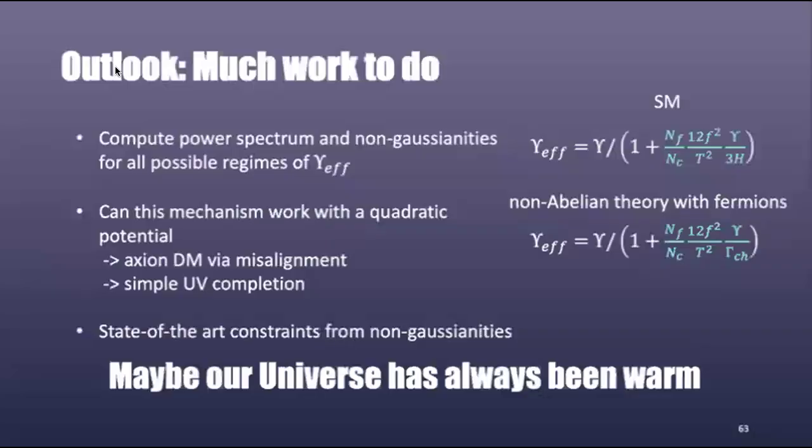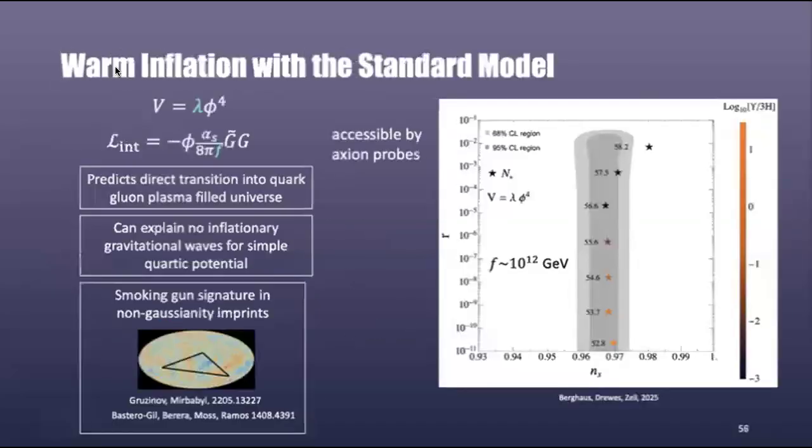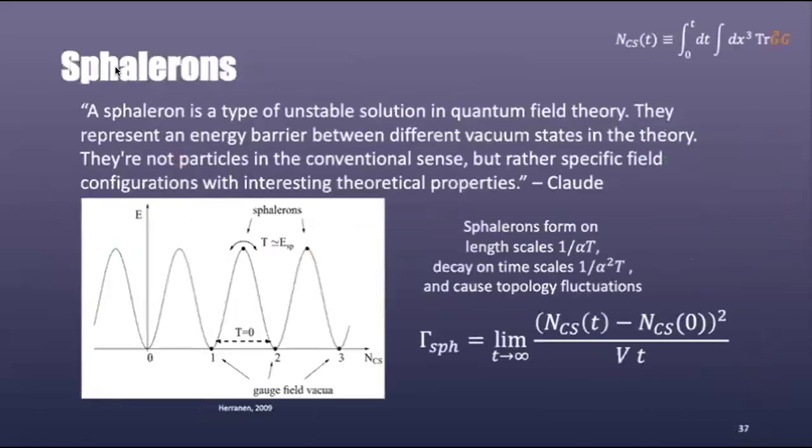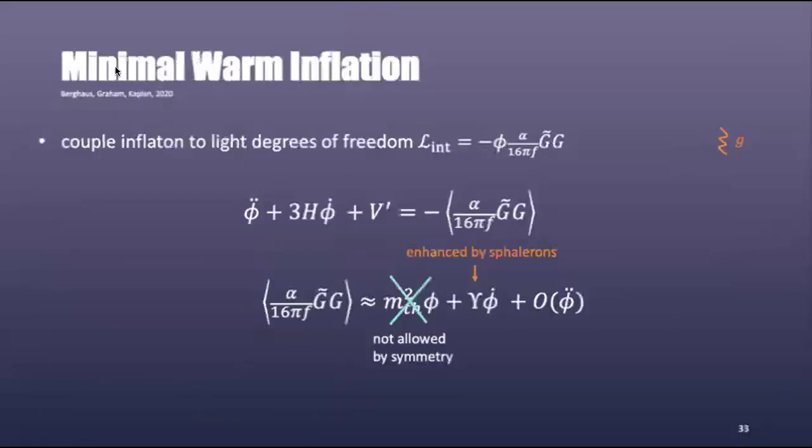One thing that I want to say: I tried to give you a feeling for what's going on. At the end of the day, what we're calculating is this coefficient from this interaction. This is a very well-defined calculation. This is a Minkowskian correlator in thermal field theory.